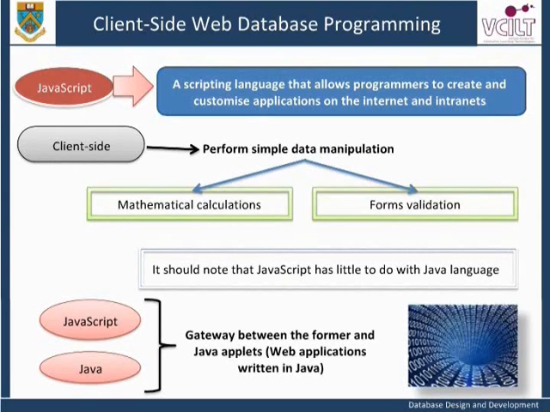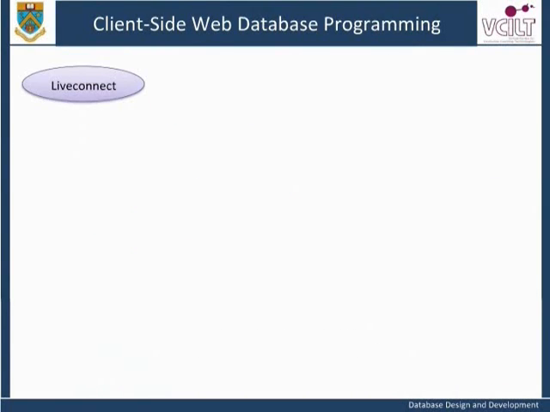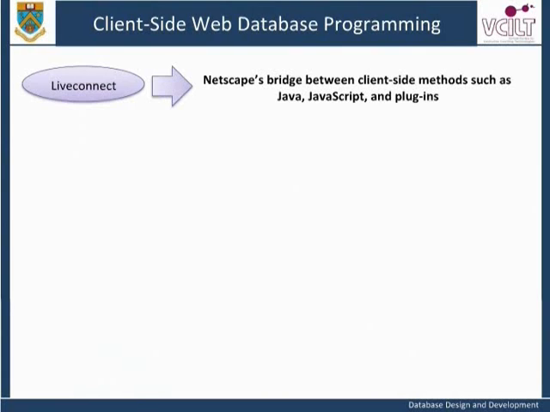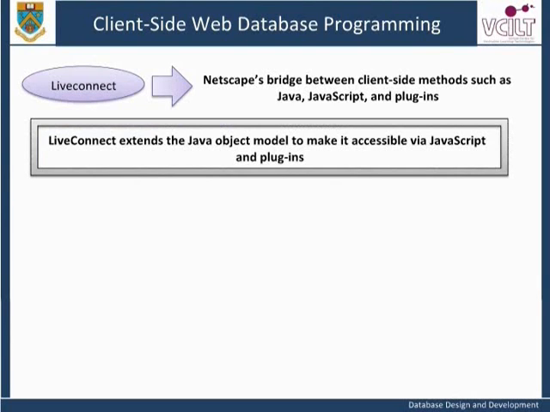Live Connect. Live Connect is Netscape's bridge between client-side methods such as Java, JavaScript, and plugins. Live Connect extends the Java object model to make it accessible via JavaScript and plugins. Connection to databases.